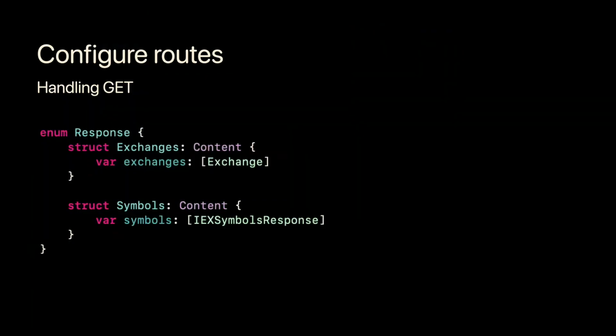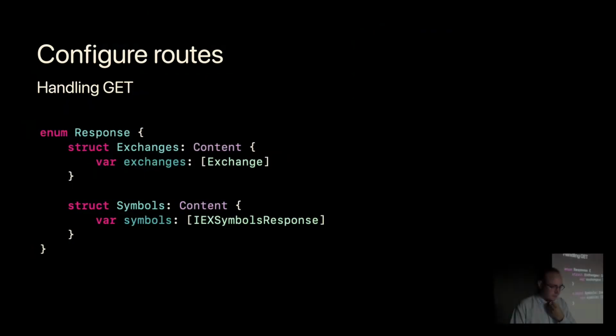But coming back to these responses, the Vapor framework essentially builds on top of Codable again, but it defines its own content protocol, and I'm not too sure what goes on underneath that. It basically makes sure that as long as a struct conforms to content, Vapor understands it, is able to read it, parse it, and return it back.